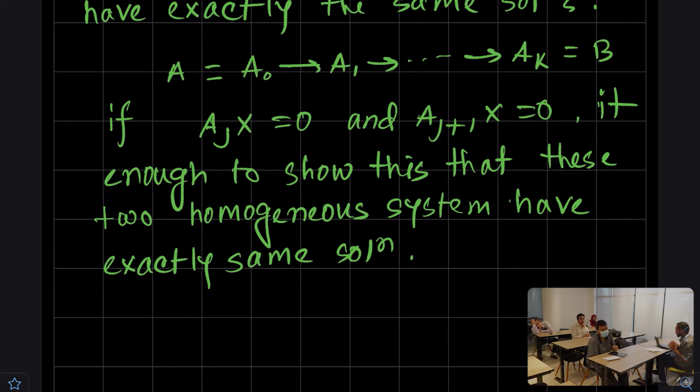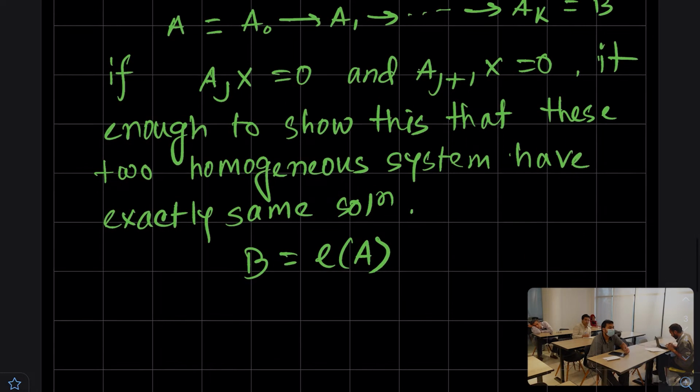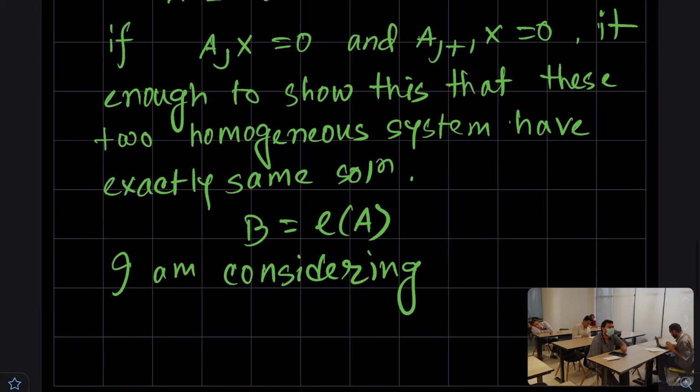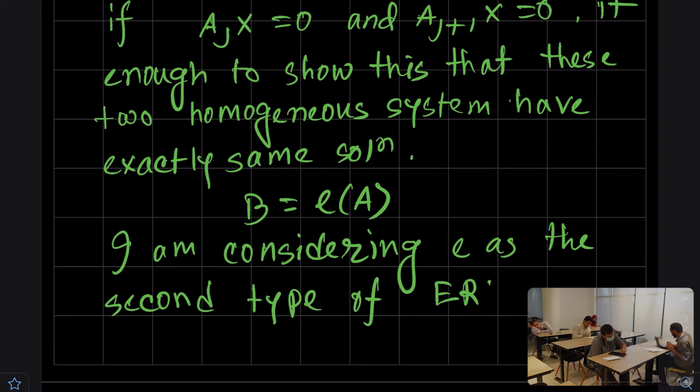I'm considering that B can be obtained from A by just this operation, so B equals E of A, where E is the second type of ERO.